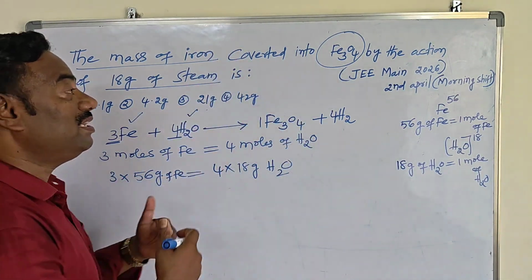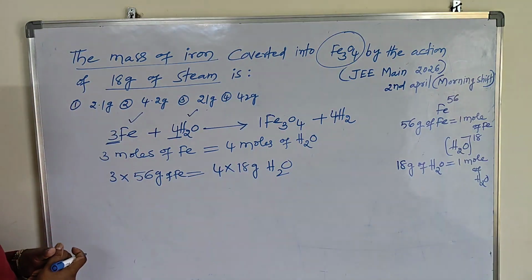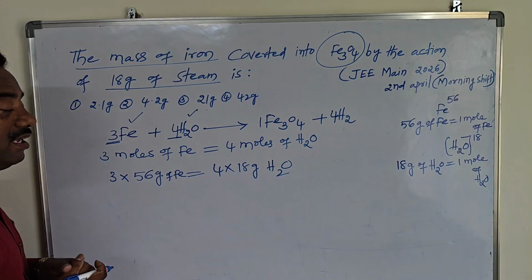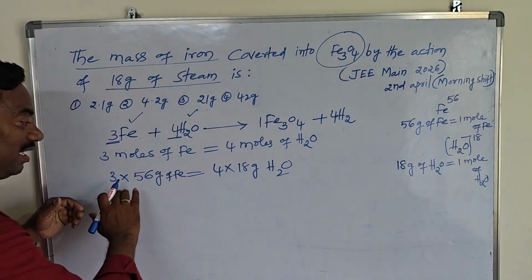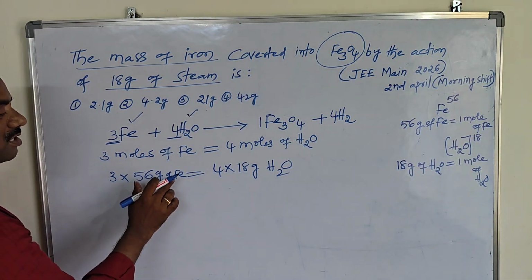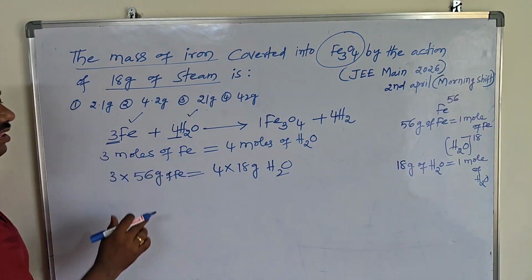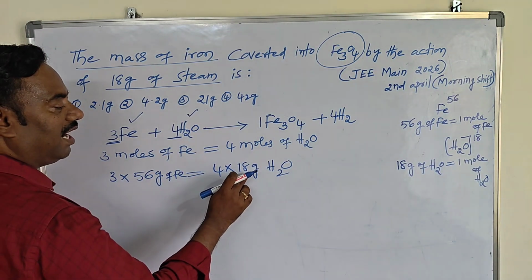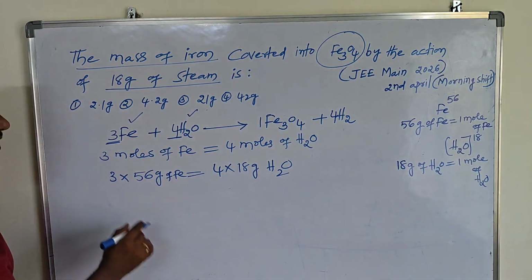But our problem data is different. What is the meaning of this? When 3 into 56 grams of iron react with 4 into 18 grams of water.